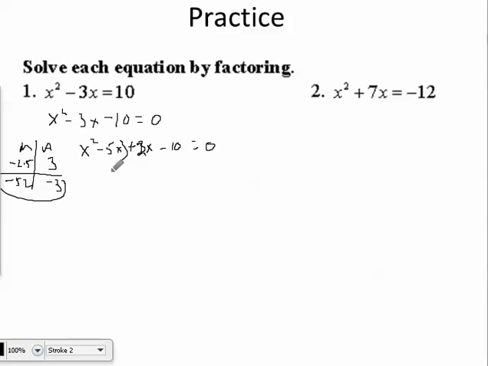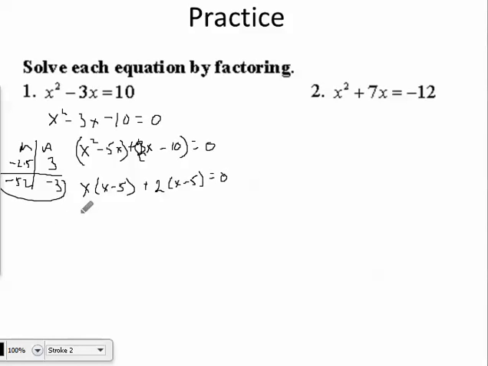And I'm going to group these two together, and I'm going to group these two together. And what am I going to get? I'm going to get an x over here, x minus 5, and I'm going to get a plus 2, and an x minus 5 equals 0.